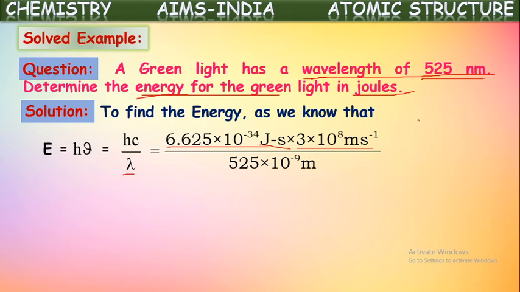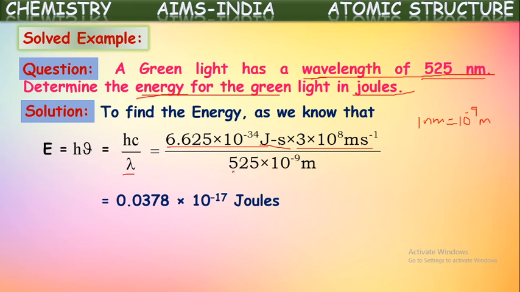We know 1 nanometer is equal to 10 to the power of minus 9 meters. So if we convert 525 nanometers into meters, it becomes 525 into 10 to the power of minus 9 meters. So we have substituted all the values. If you simplify this, we get energy as 0.0378 into 10 to the power of minus 7 joules.